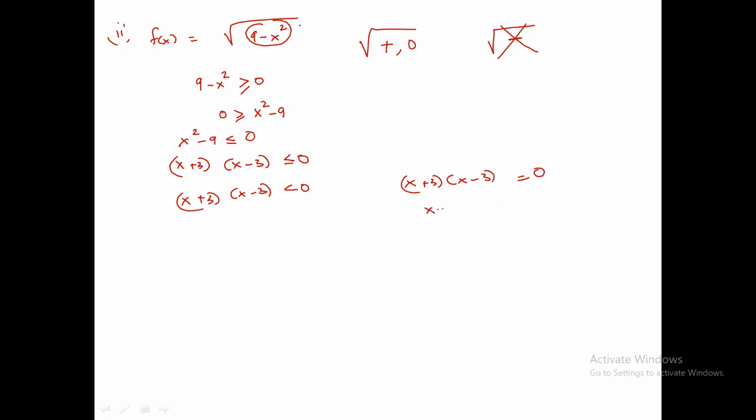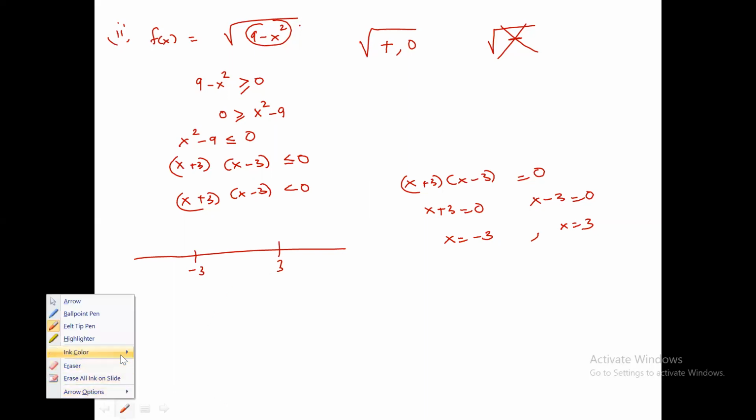So if it is equal to 0, x plus 3 will be 0, x minus 3 will be 0, x will be minus 3, x will be 3. Now how will you solve this inequality? For this you will take minus 3 and 3.